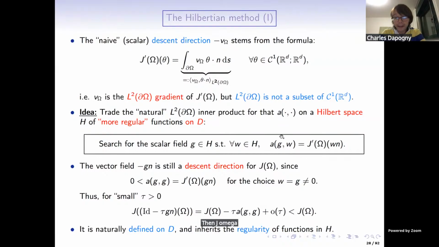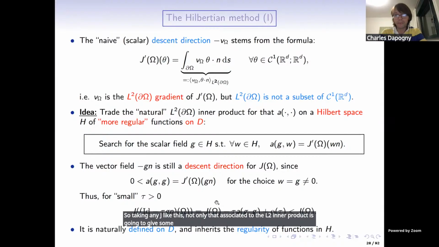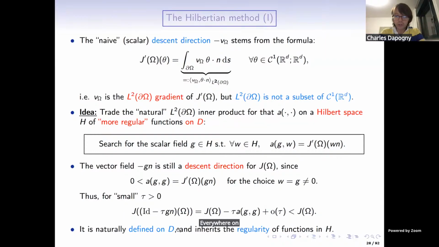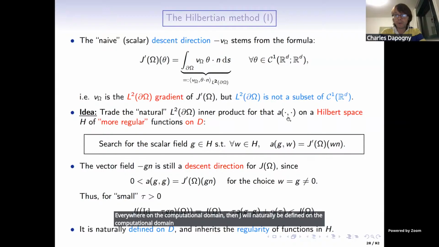So taking any g like this, not only that associated to the L2 inner product, is going to give some descent direction for the functional J of omega, but naturally enjoys the features of the Hilbert space H. For instance, if H is a Hilbert space of functions defined everywhere on the computational domain, then g will naturally be defined on the computational domain. And if H is a Hilbert space of smooth functions, then g will naturally be smooth.